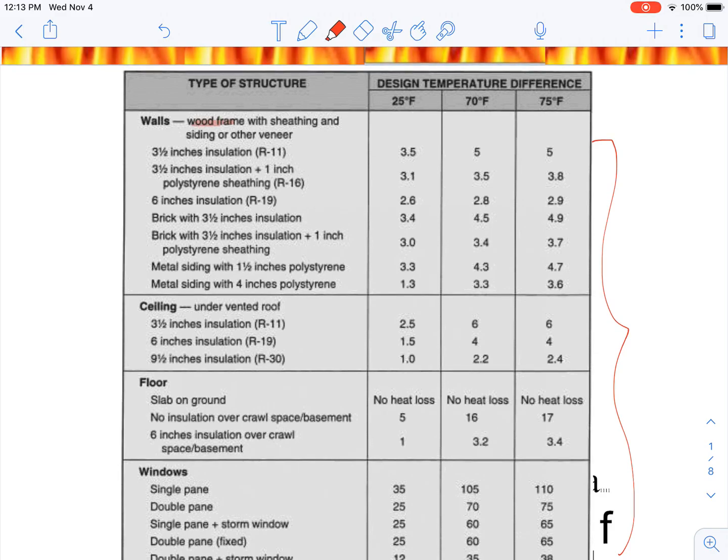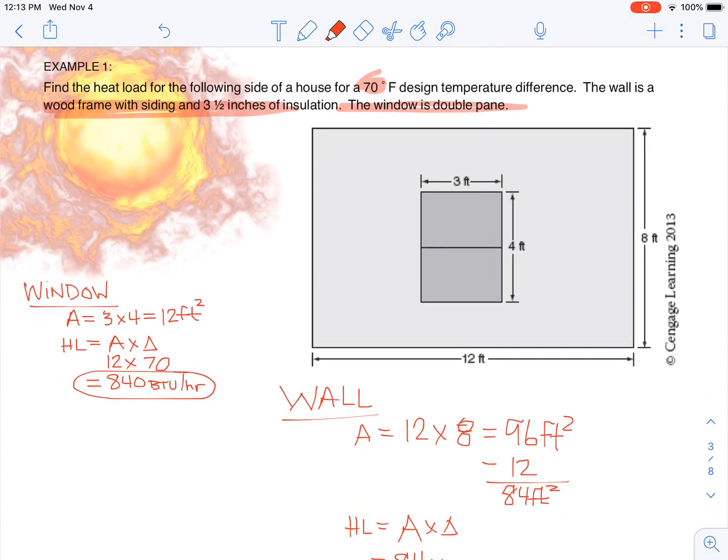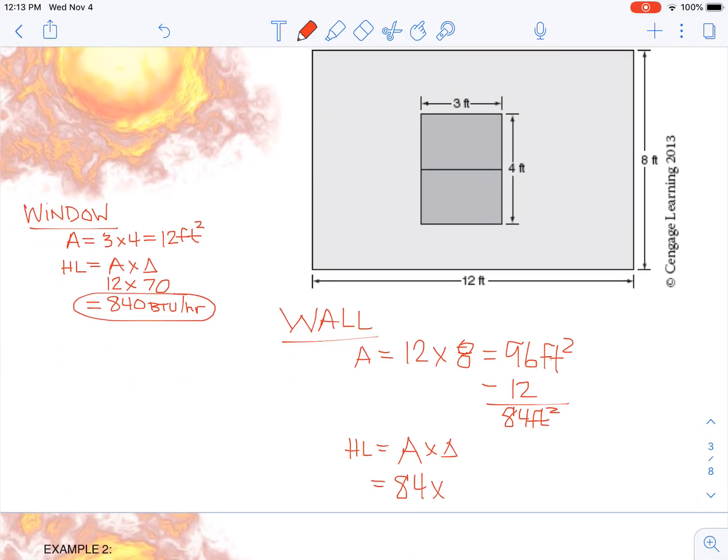So here's wood siding, 3.5 inches of insulation, we're still at a 70-degree temperature difference, so our coefficient is 5. 84 times 5 is 420 BTUs per hour, and BTU stands for British Thermal Unit.